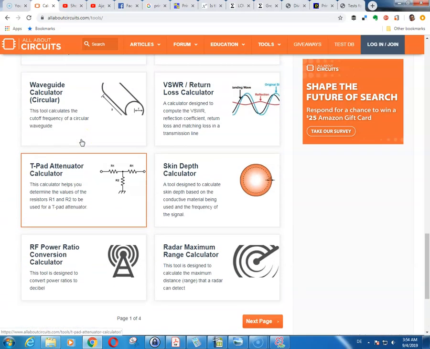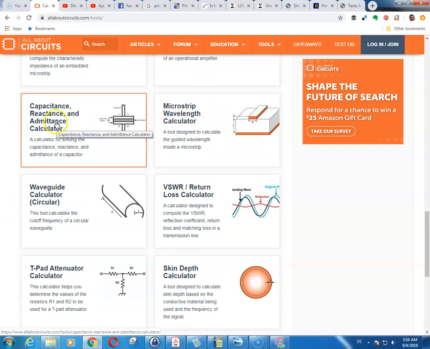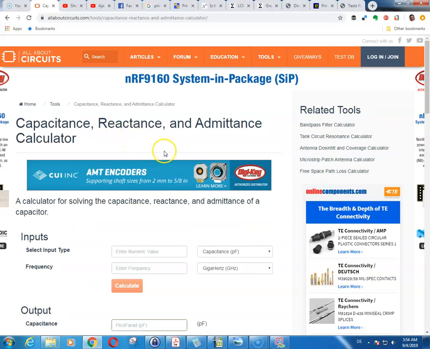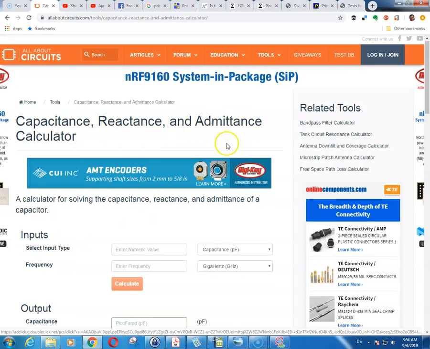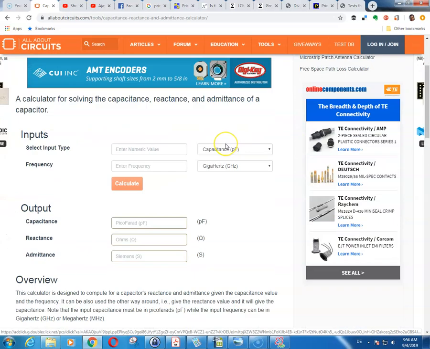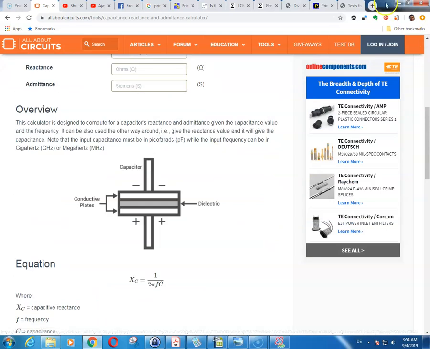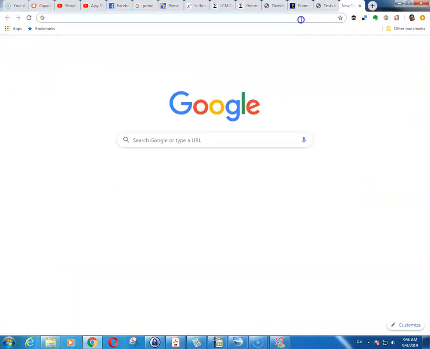I think this must be it. So, for example, this is for reactance and admittance. No, not here. For example, you could go to find some website.